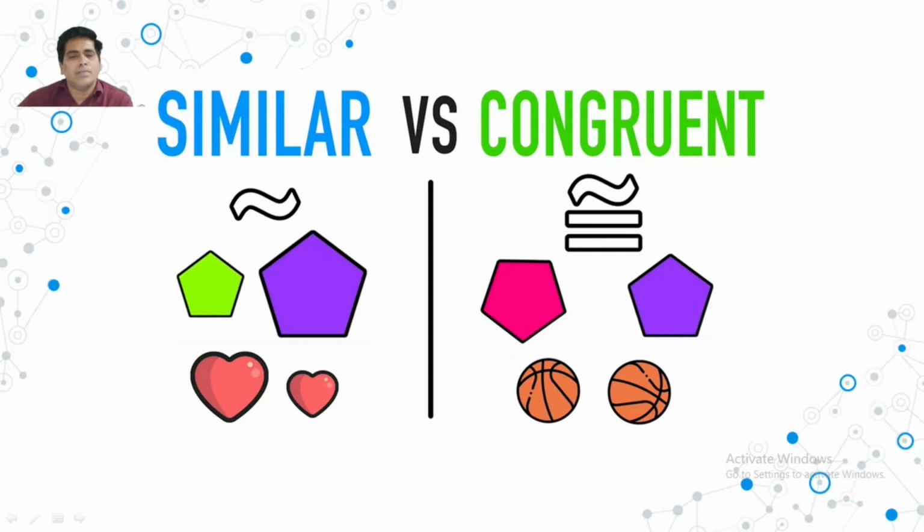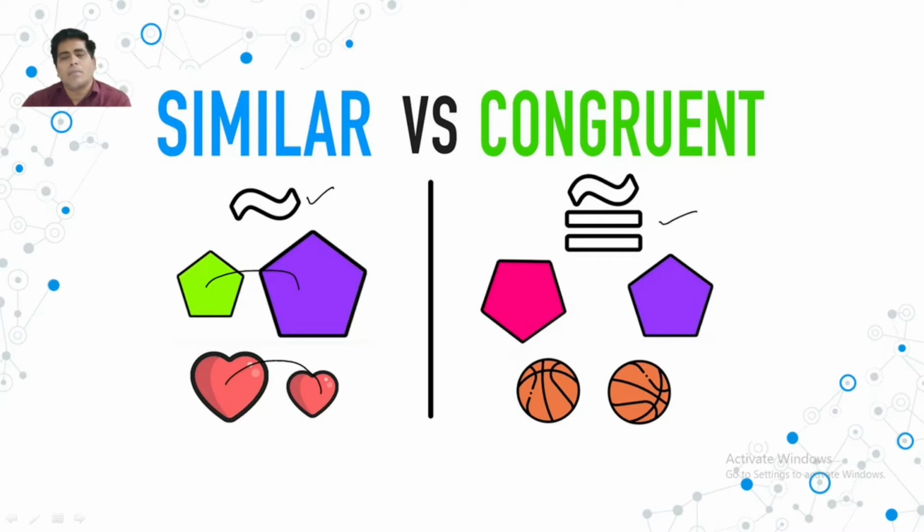This is the symbol I have shown for similarity, and this is the symbol for congruent. I have shown here two pentagons. Shape is the same, but size is different. I have shown two hearts here. Shape is the same, this is also a heart, that is also a heart, but the sizes are different. That is what we talk about as similar.